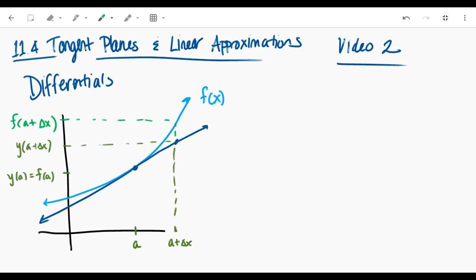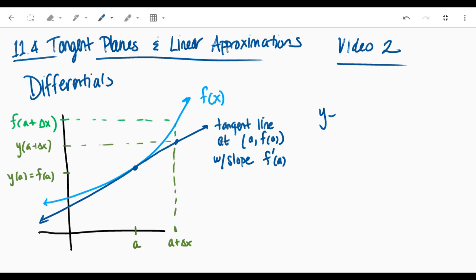Okay. So again, that tangent line would be at the point A, f of A, and it would have the slope f prime of A. So we could come up with the equation of that tangent line, right?